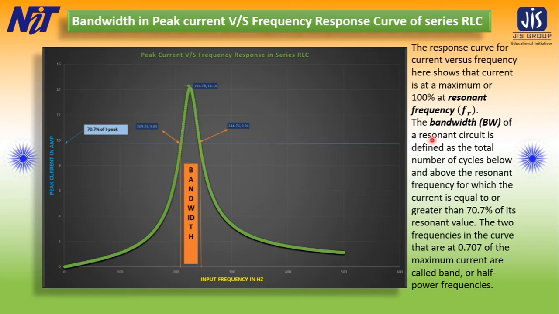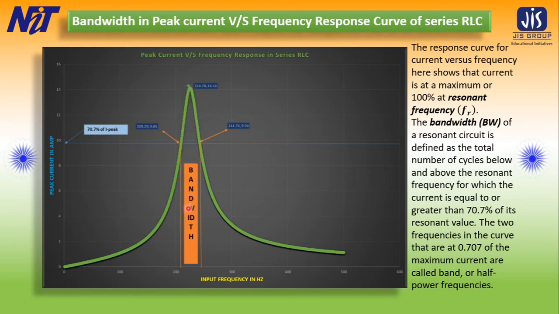The bandwidth of the resonance circuit is defined as the total number of cycles below and above the resonant frequency for which the current is equal to or greater than 70.7% of its maximum resonant value. That means 70.7% of this peak current, which is here 14.14 ampere.